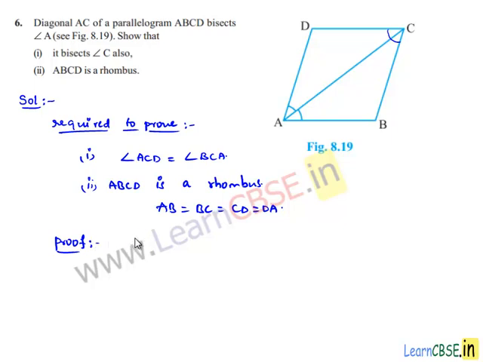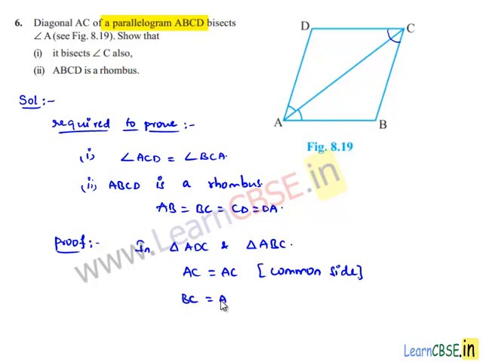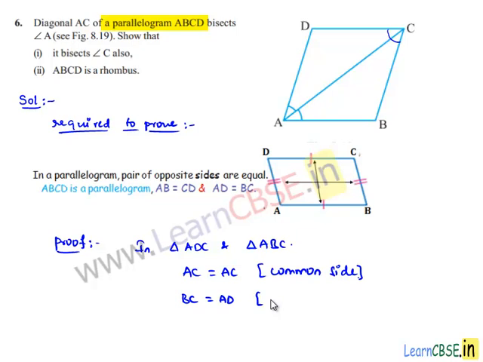In order to prove this, let us consider two triangles, that is triangle ADC and triangle ABC. In both triangles, AC is equal to AC since it is a common side. BC is equal to AD, as in the parallelogram opposite sides are parallel and equal.